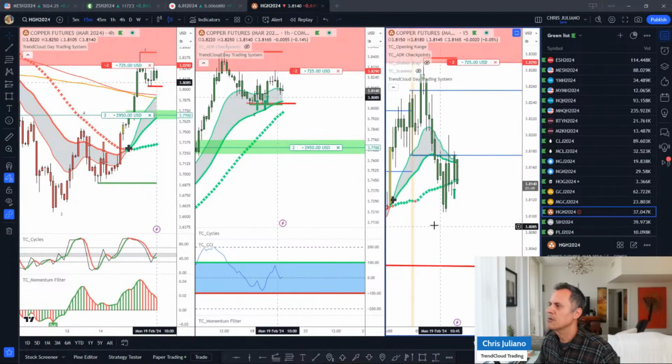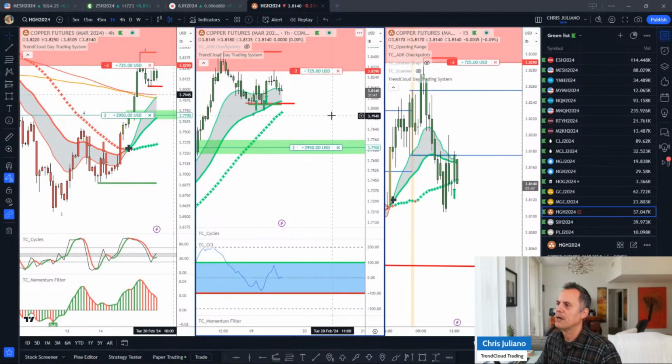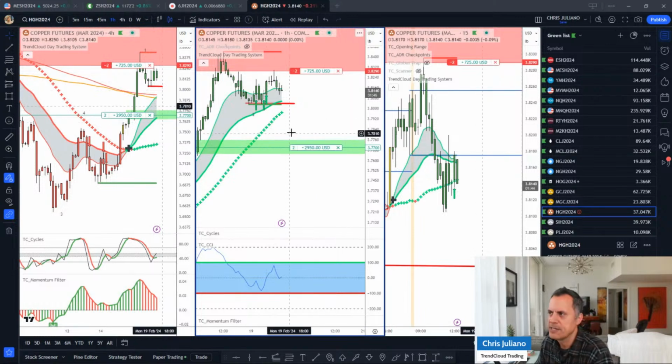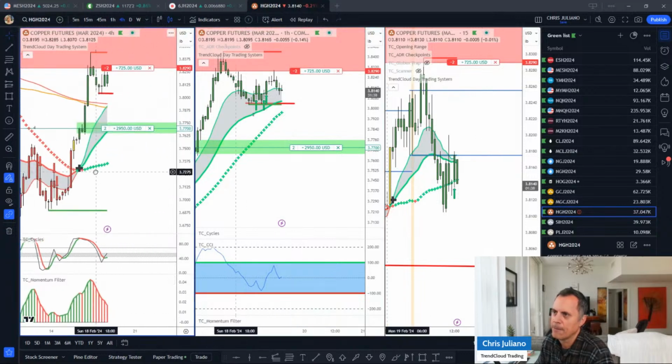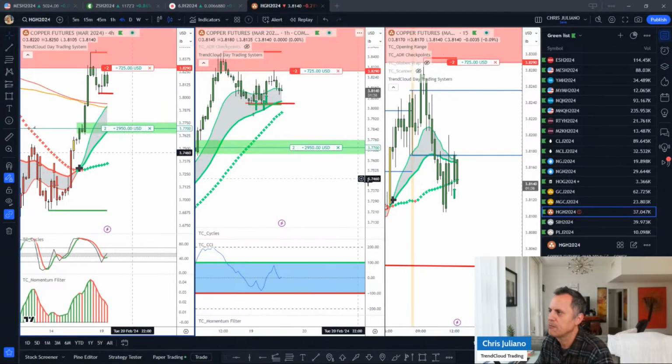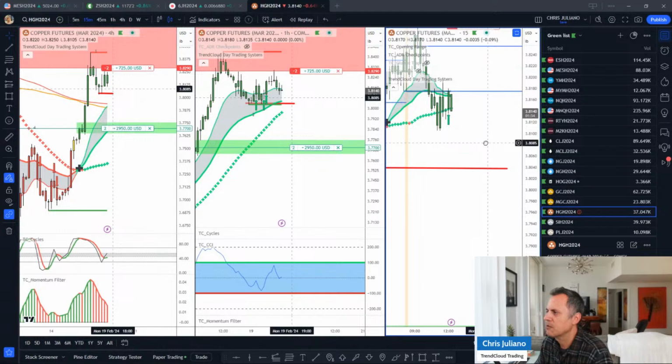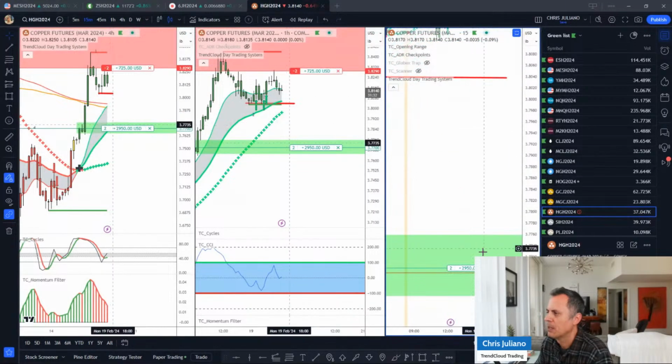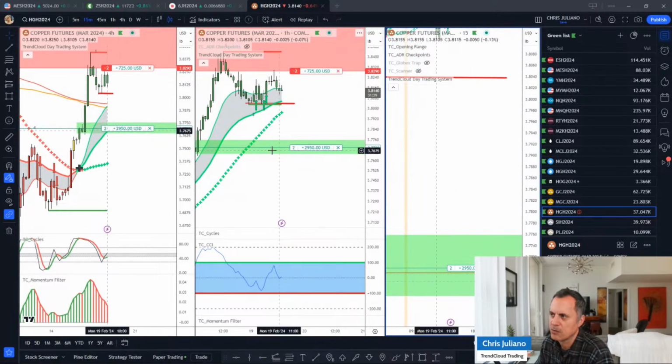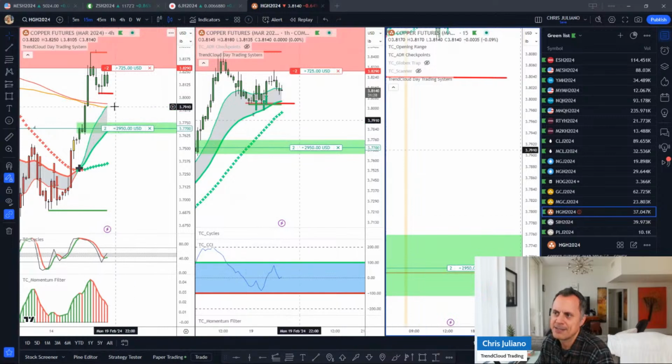And copper, okay, still heading to the downside, right? Momentum is still down. Momentum is down here. And we are looking for that pullback all the way back down to this area, which is the high time frame demand zone, right?